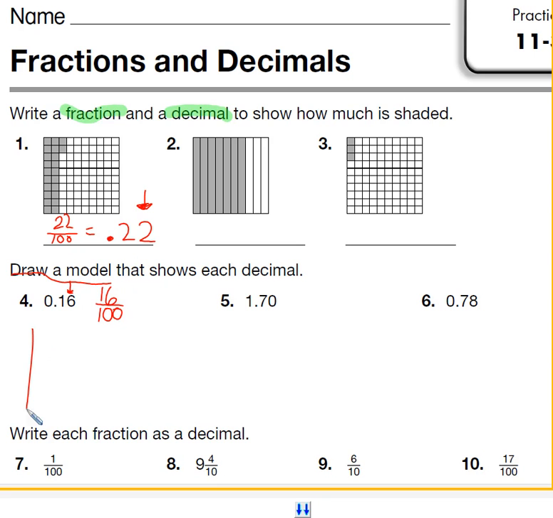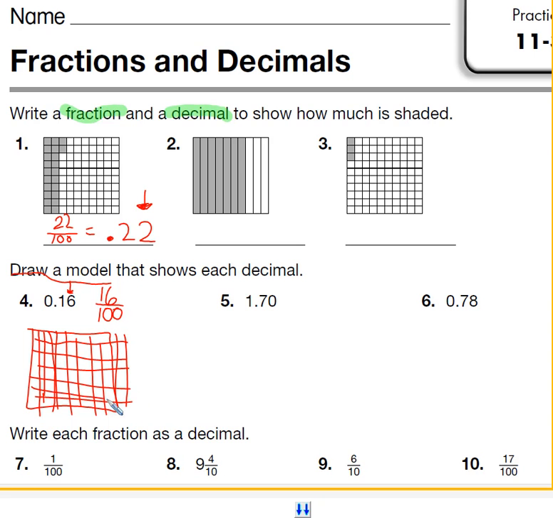You're going to draw a square. You're going to do 1, 2, 3, 4, 5, 6, 7, 8, 9, 10. Sorry, my model's not all that fancy. And then 1, 2, 3, 4, 5, 6.